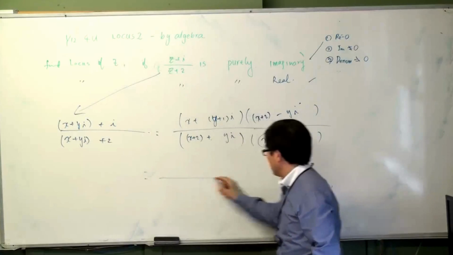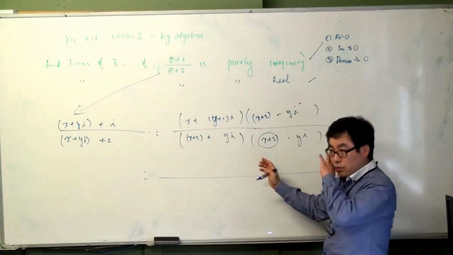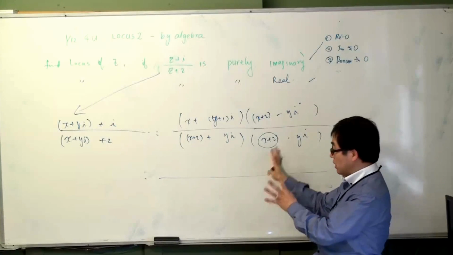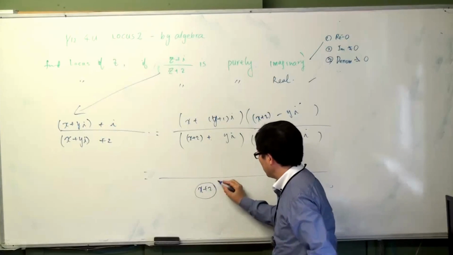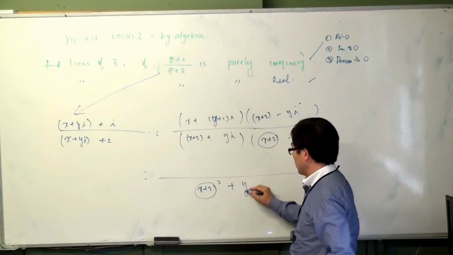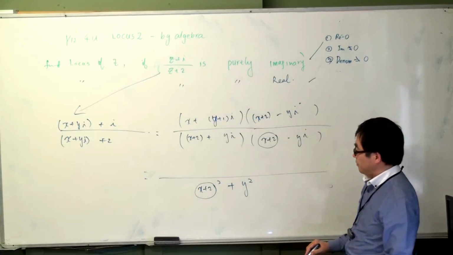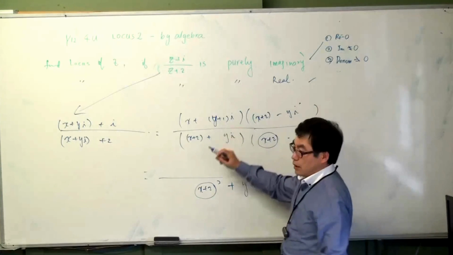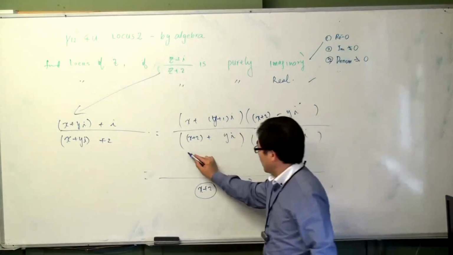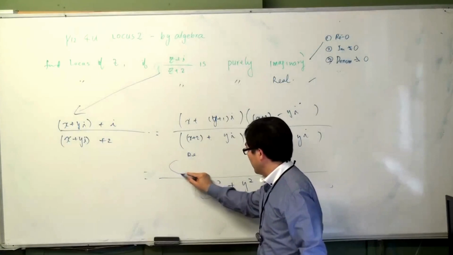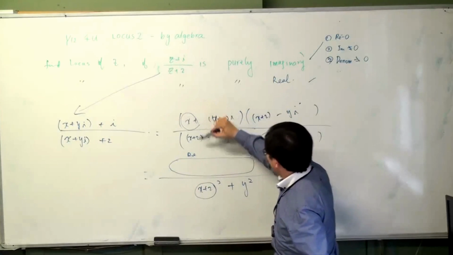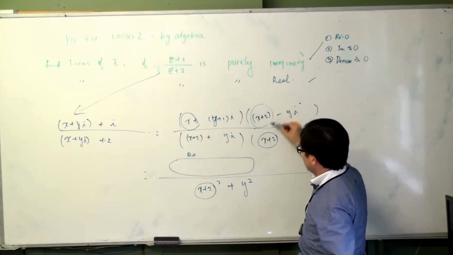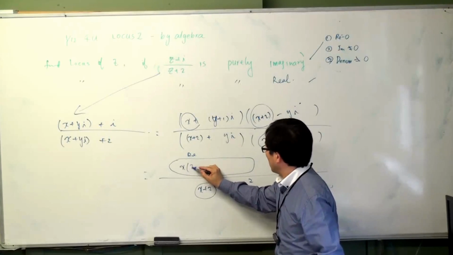Then don't worry about the denominator because now it's totally real, so x plus 2 squared plus y squared. And if you expand it, we are interested in the real part. How would you get the real part? x times that one, x plus 2.